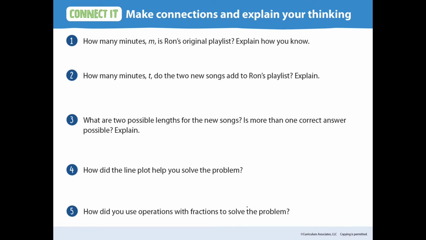Number 4. How did the line plot help you solve the problem? The line plot gave the length of each of the songs on Ron's original playlist, and we need that data to find the length of the 2 new songs. Number 5. How did you use operations with fractions to solve the problem?